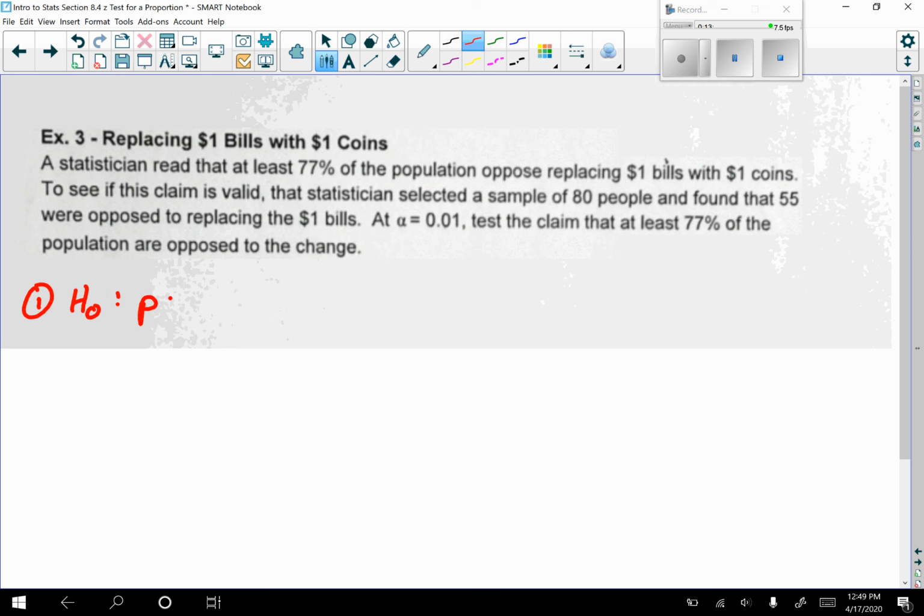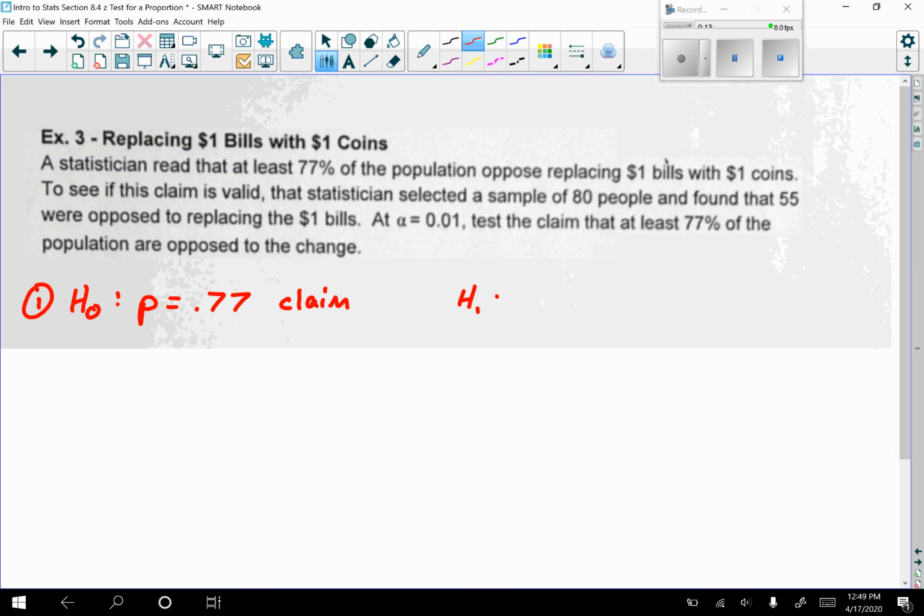So for step 1, we're going to have p equal to 0.77. I think it was like the heights of buildings, at least 700 feet. In this case, it is the claim, because at least means equal to or greater than. We can't have greater than or equal to as one symbol. Remember, the only hypothesis that can contain equal is the null hypothesis.